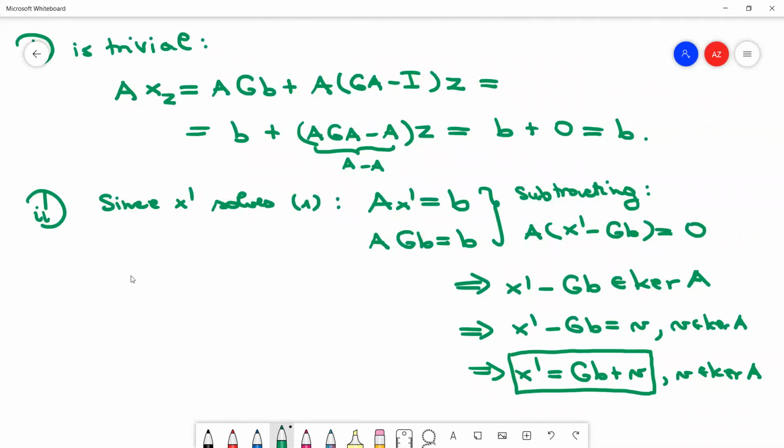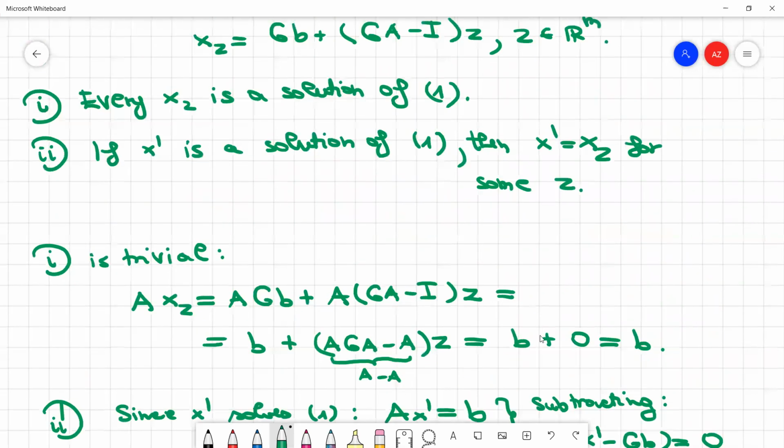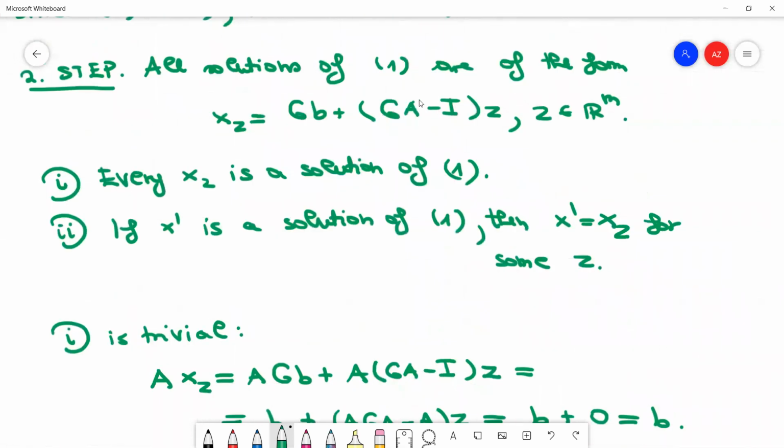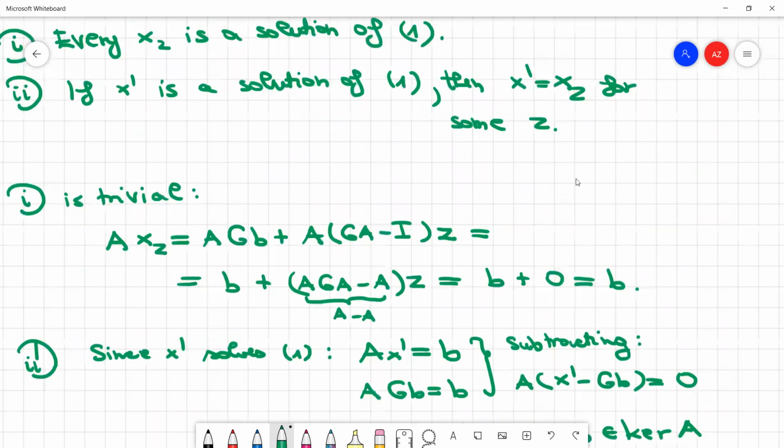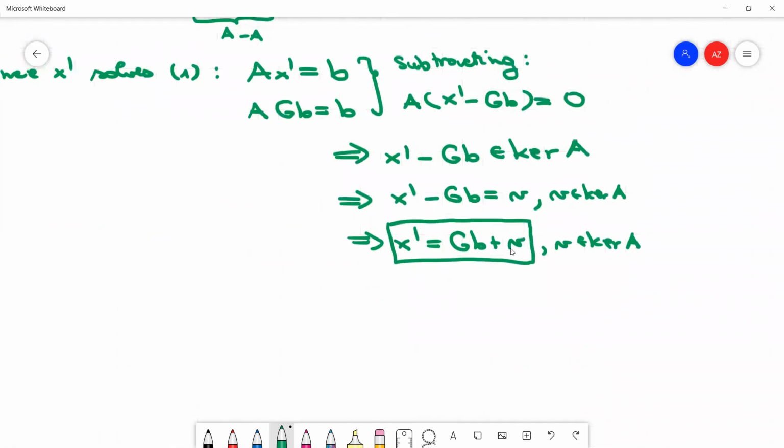So we want to prove that X prime is equal to GB plus GA minus identity on some vector Z. But now we proved that X prime is GB plus some vector V from the kernel.